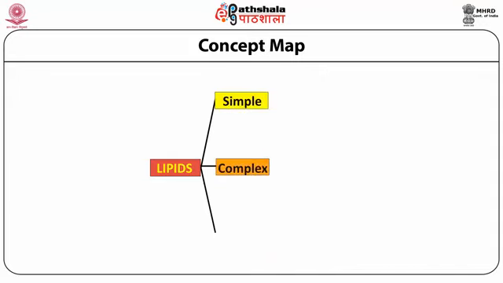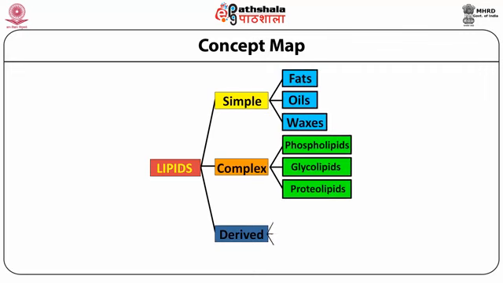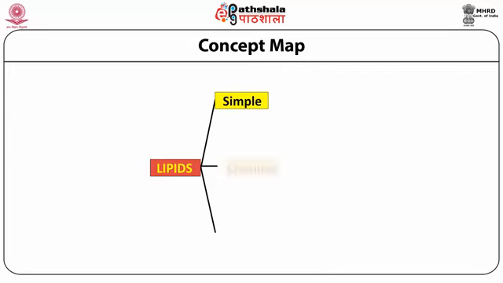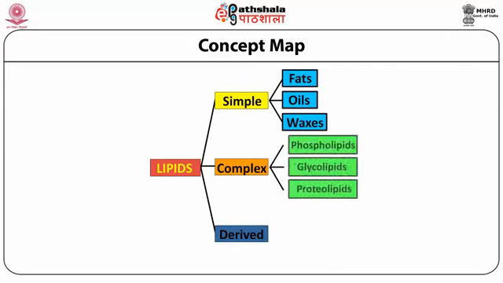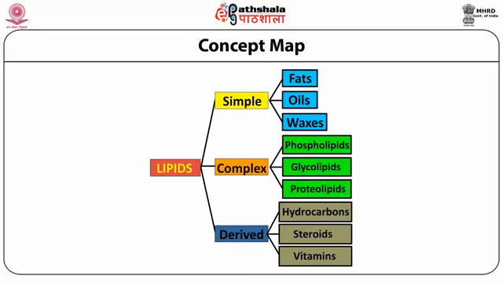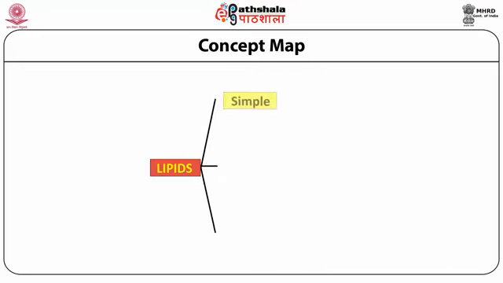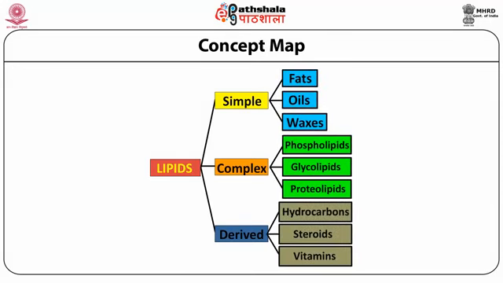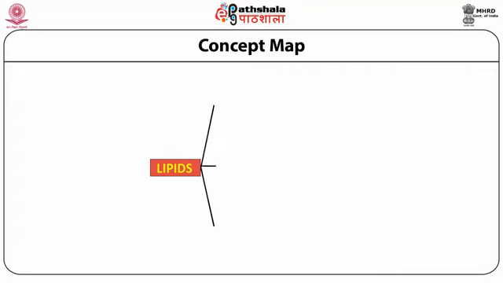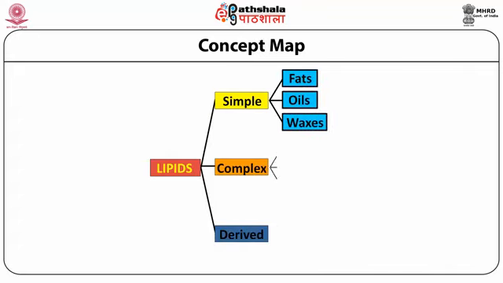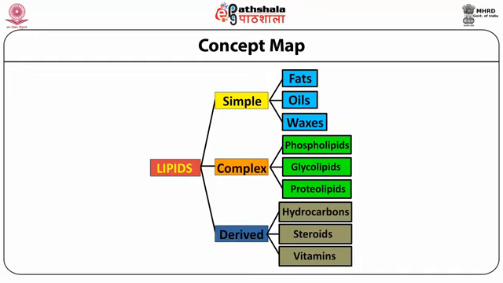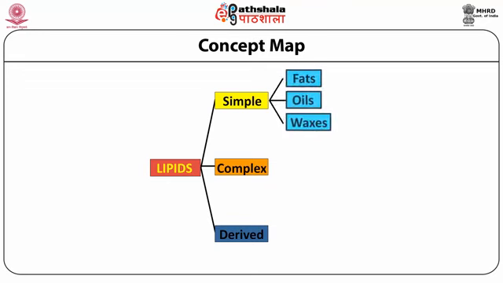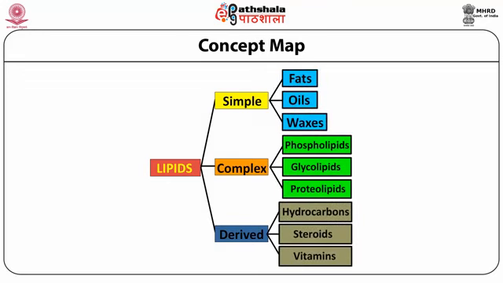Another type of lipid is the complex lipid, wherein the lipids either contain the phosphorus group, or the glycolipids or the saccharides, or they contain the proteins, and henceforth the subtypes of complex lipids are referred to as phospholipids, glycolipids, and proteolipids.